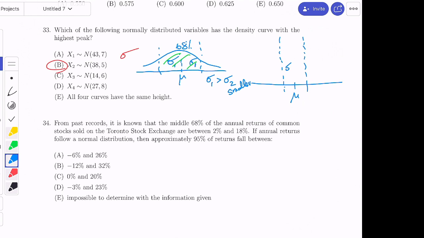That's the point. Because this has to be 68%. And the green areas have to match. All right?